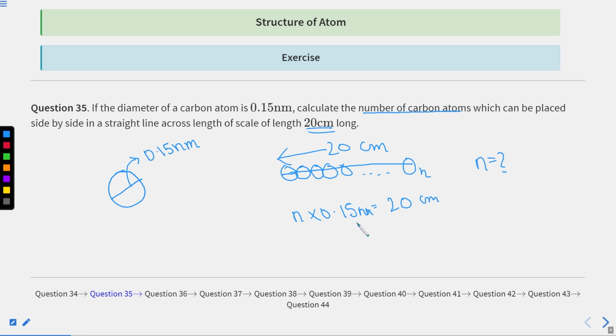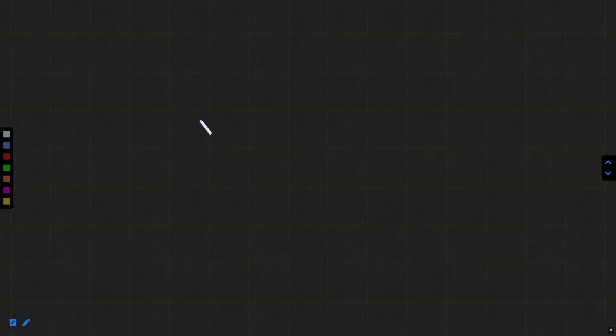That is 20 centimeter and this is nanometer. First we have to convert this value into centimeter. How will we convert it? We know that 1 nanometer is equal to 10 to the power minus 7 centimeter.